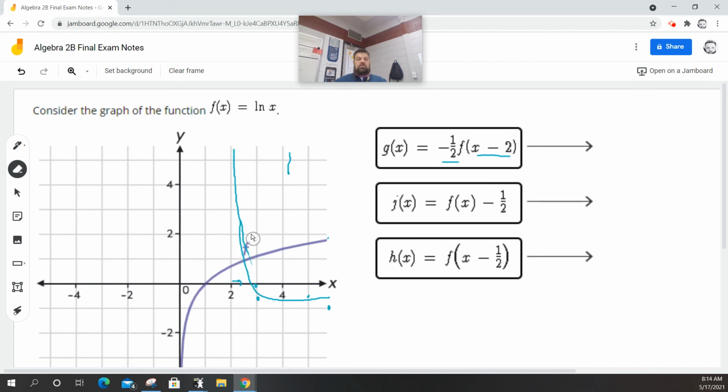That's roughly what g of x will look like. And we could graph it if we wanted to, but so then what does that mean? That means that the function decreases as x increases. So that's the first one.